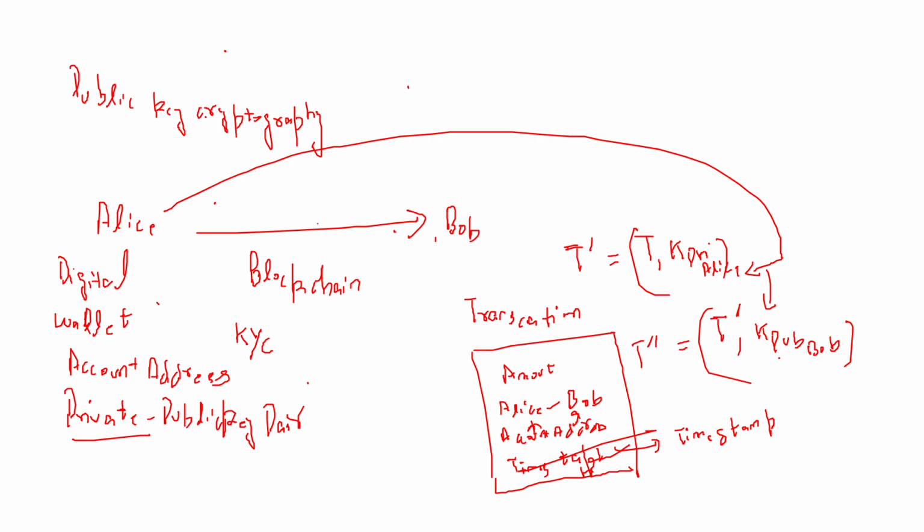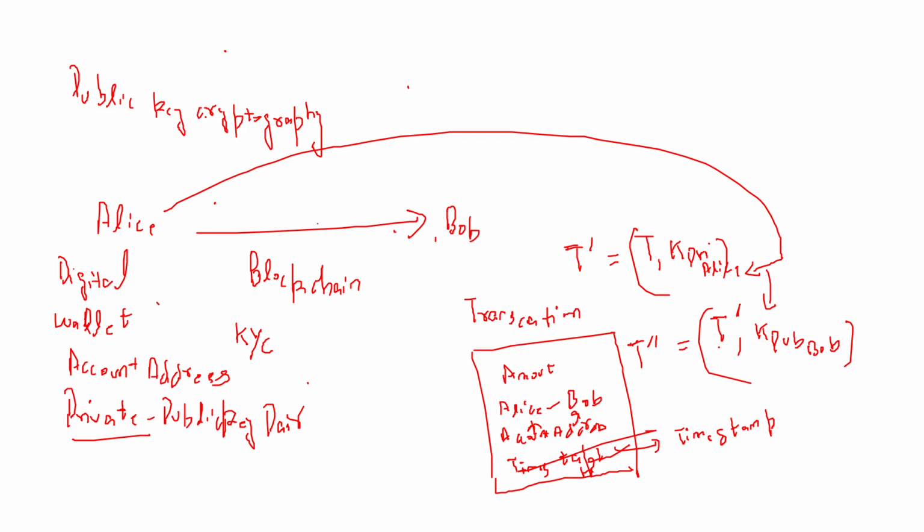We know in public key cryptography, if a message is encrypted with a private key, then it can be decrypted with its corresponding public key. In the reverse direction, if a message is encrypted by a public key, then that message can be decrypted by its corresponding private key. So we have a public private key pair. Now we have message T double dash, and mind you, this T double dash is obtained by encrypting T dash with the public key of Bob.